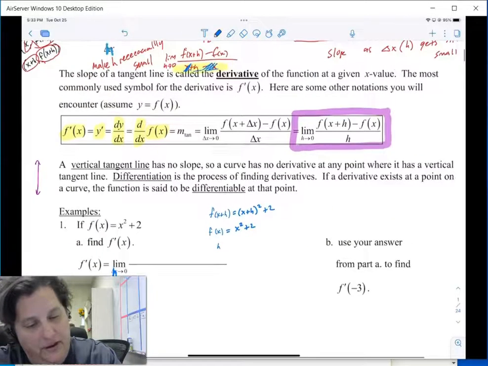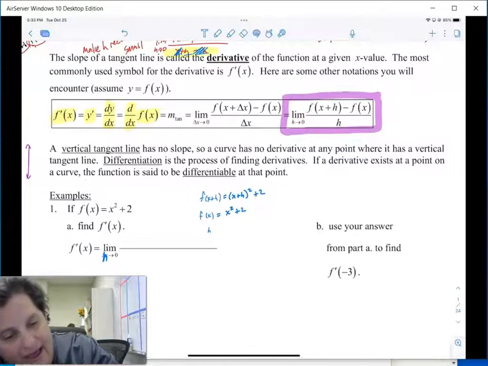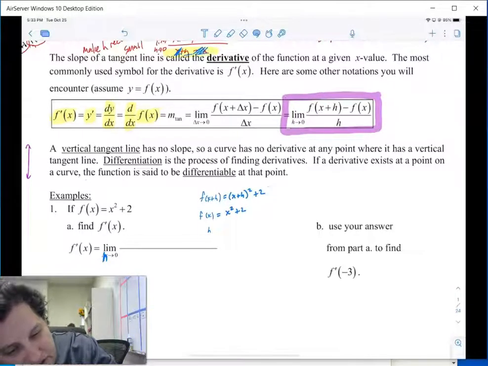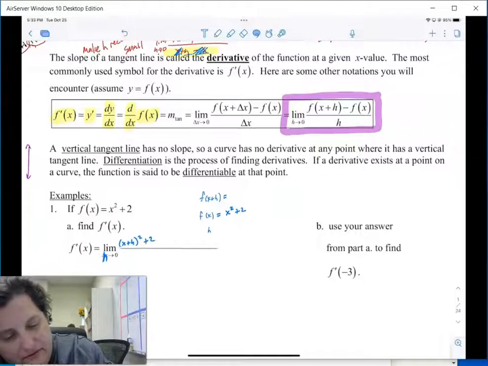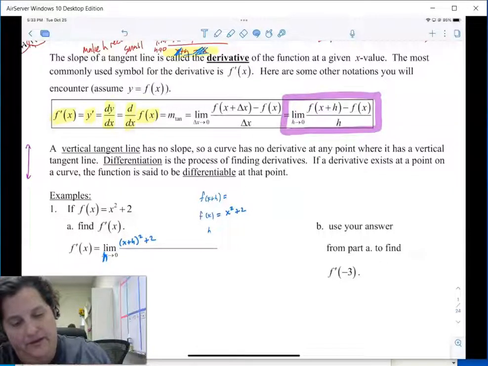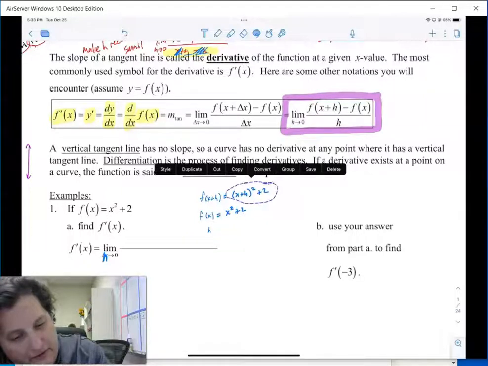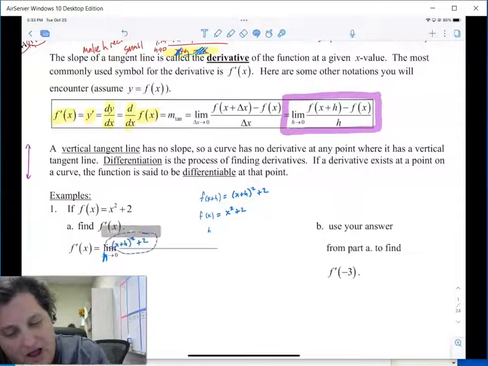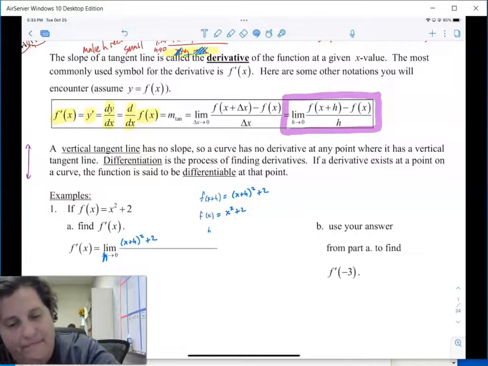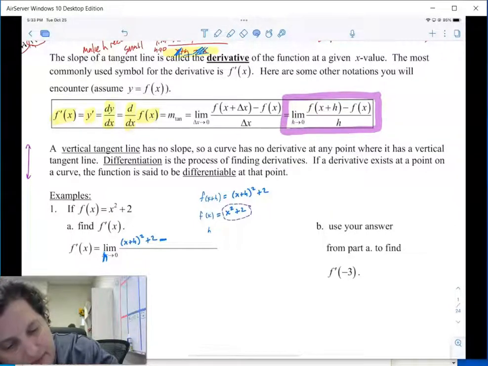And so here's my formula. I take f of x plus h that I found, right? I'll move that over there. Well, you guys can't do that, so that's kind of mean, but I won't move it. Here's what I'll do. I'll copy, paste it. Aha. Okay? Minus f of x. I'm going to copy, paste it.